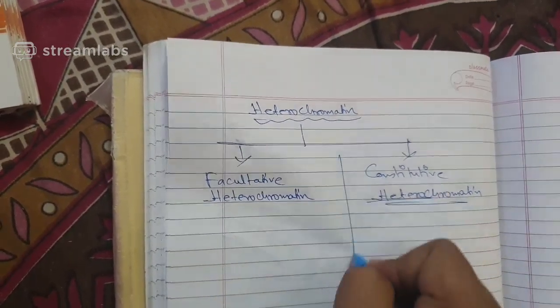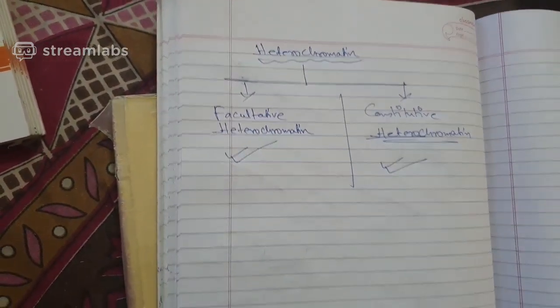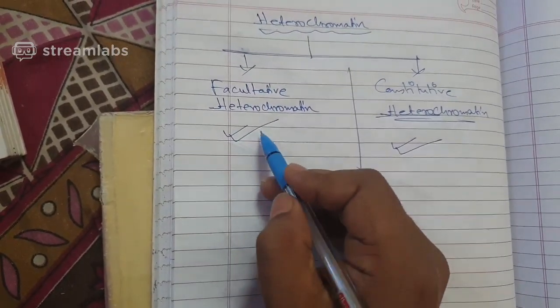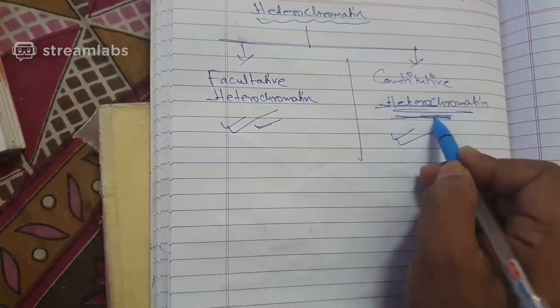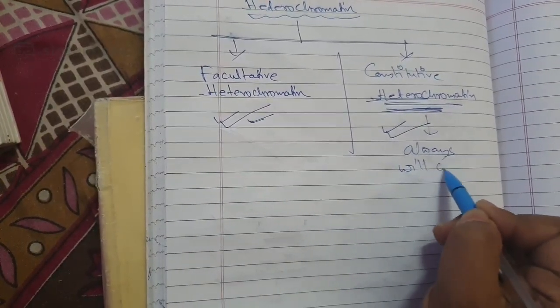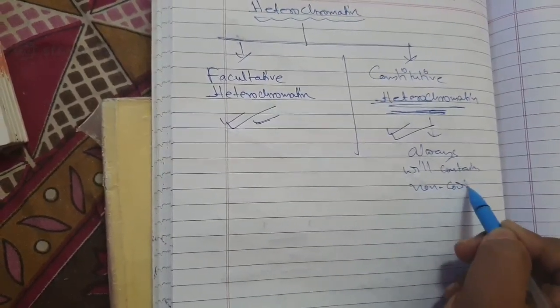Now what I want to say is that this type of heterochromatin always will contain non-coding region and never code.